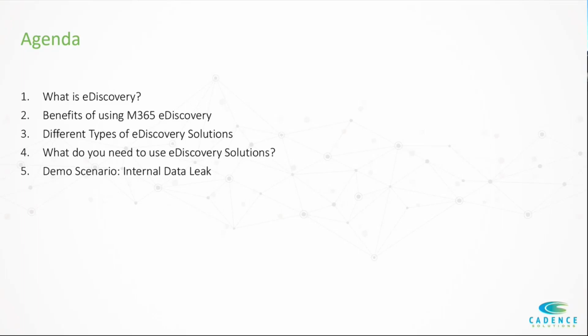After that, we are going to look at what we need to use those different types of eDiscovery solutions, in other words, permissions and license requirements. And after we get all that basic information out of the way, we're going to go over a demo scenario of an internal data leak and how eDiscovery can assist in troubleshooting where the data leak came from.